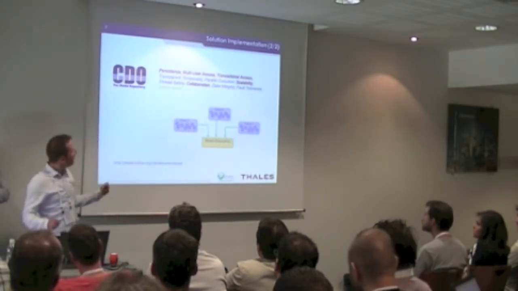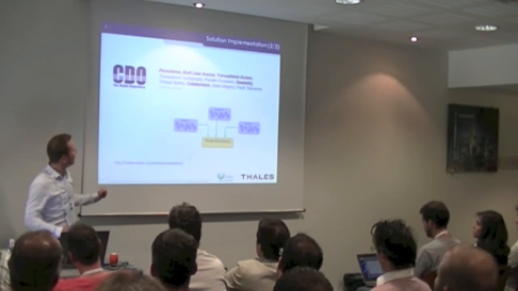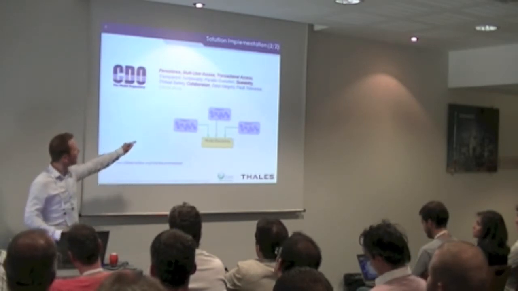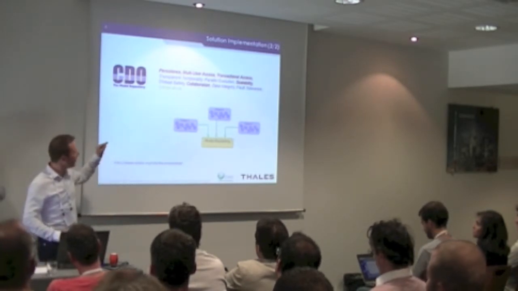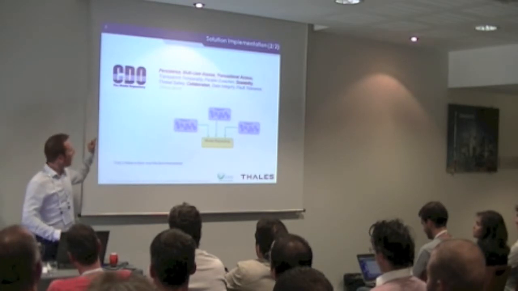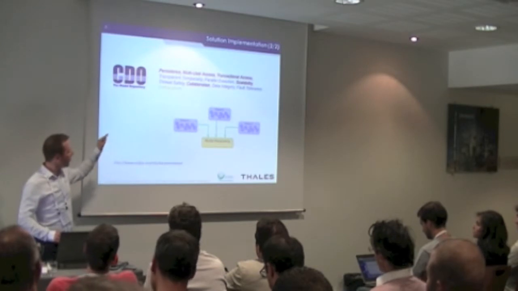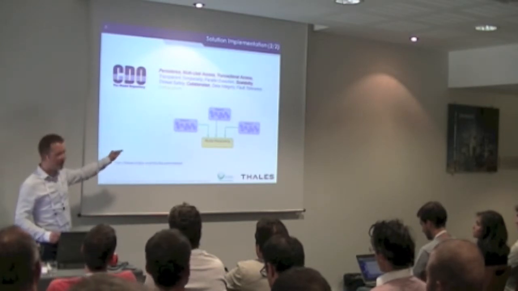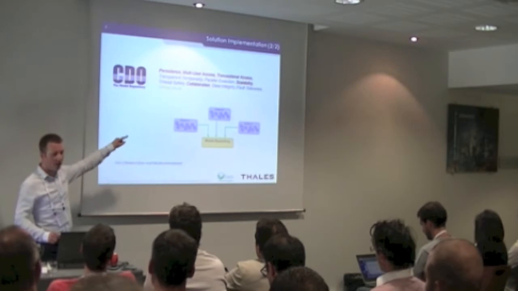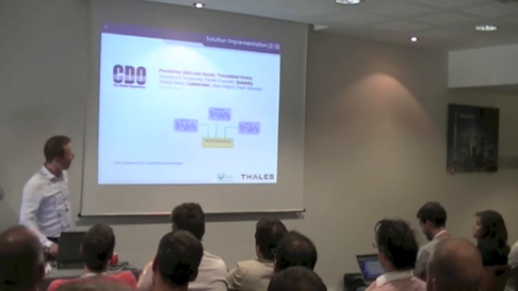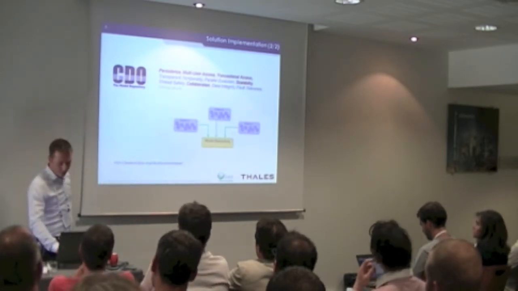So CDO was the perfect fit because each client is connected to a server, and when a client makes a modification, it will make the modification on the server, and the server will notify each client. So you have also the live updates.